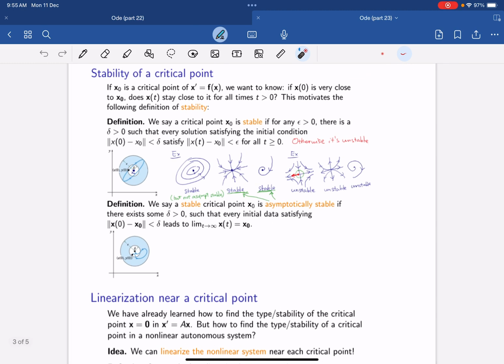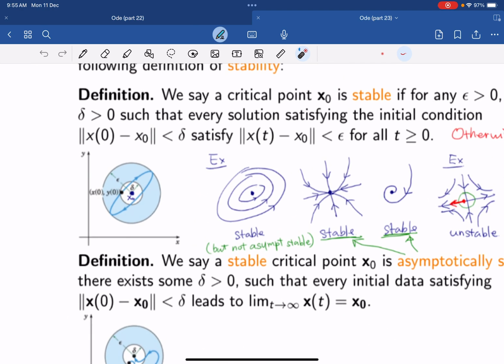So that motivates the actual definition for stability, and we say that a critical point is stable if and only if for any epsilon there exists a delta such that if you start within delta distance of x0, then your path of travel from that starting point x0 to x(t) for all t will be less than epsilon. So the idea is this from the picture.